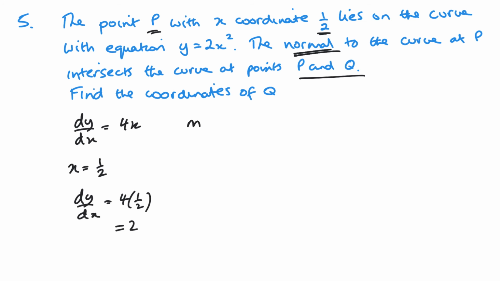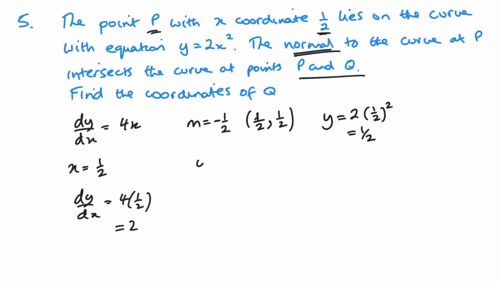That means the gradient of the normal is negative a half, and the coordinate is 1/2, and I just need that y value. So if I look at the equation, I get 2 times a half squared. Half squared is a quarter, 2 quarters is a half. So here is my coordinate.